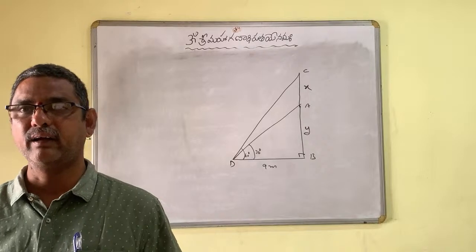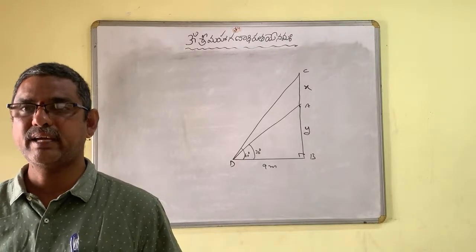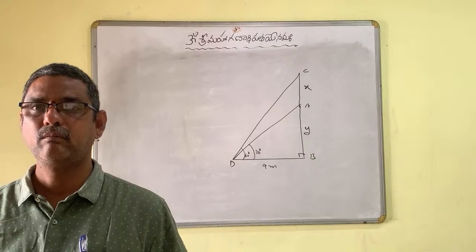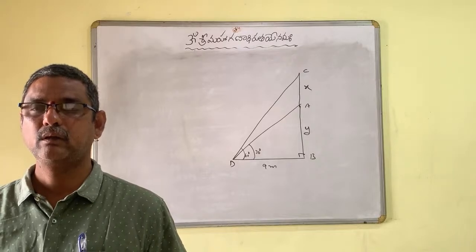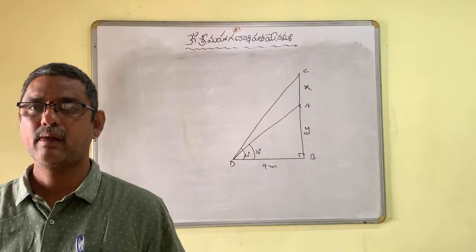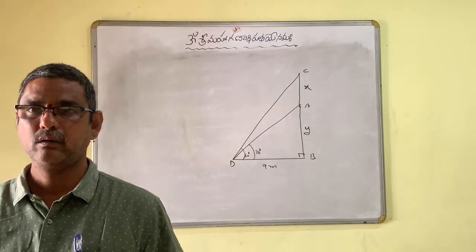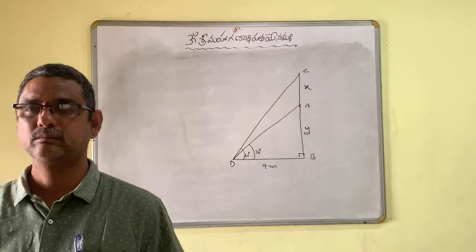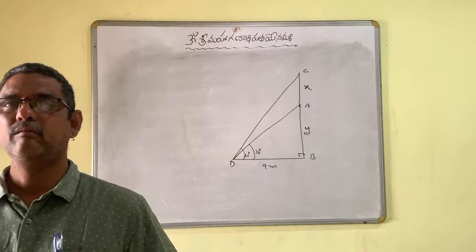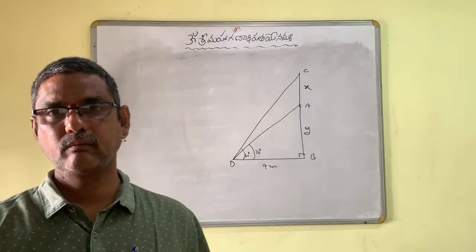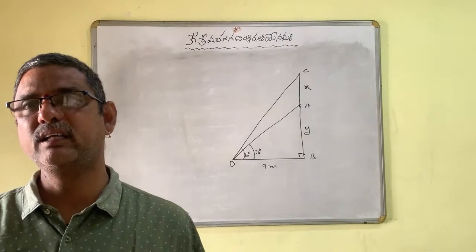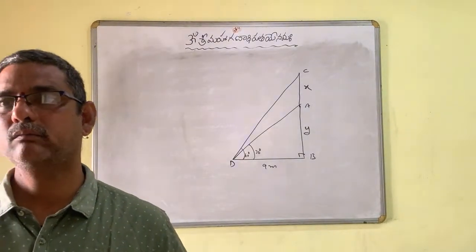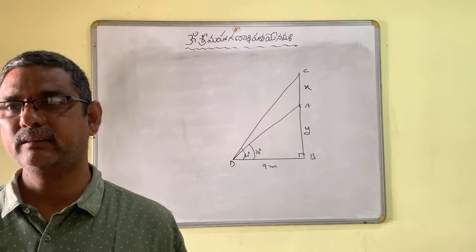AB is the vertical tower. What is AC? Flagpole. Good. Not flag Kriti, it is flagpole, not flag.